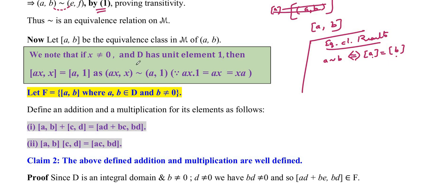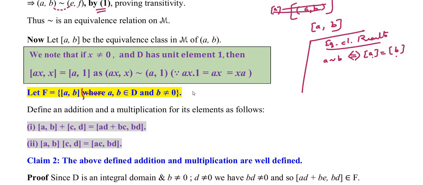Now, having got these equivalence classes for all the elements present in script M, we collect the classes, equivalence classes, and call that collection F. So F is the collection of all this class AB, where A, B belong to D and B is non-zero. You can even just write like this, a straight line, instead of this where.